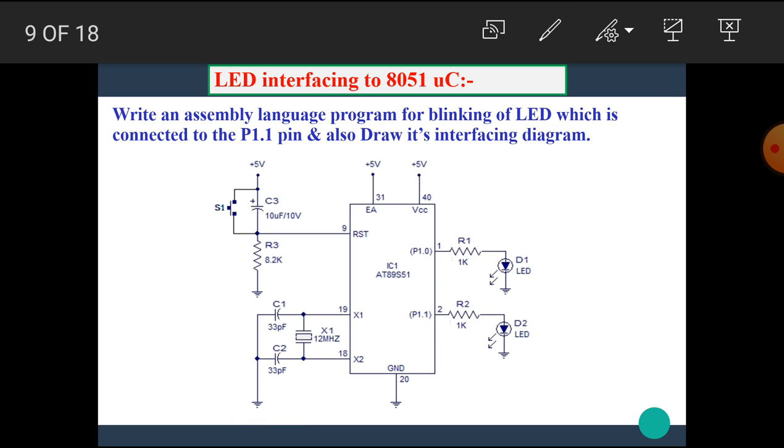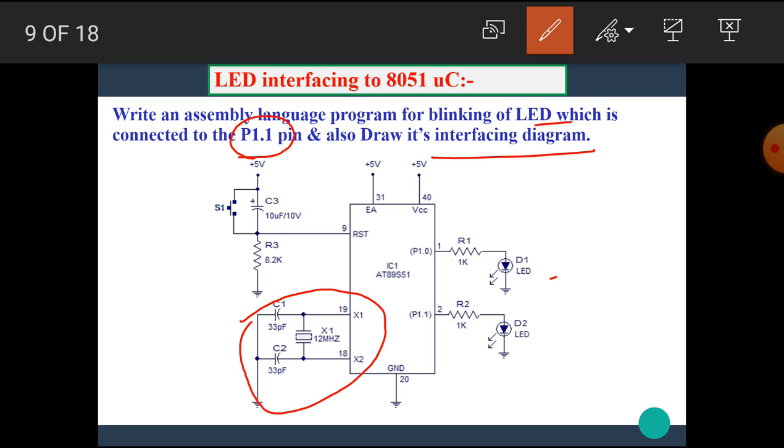Now let's see one example. Write an assembly language program for blinking of an LED which is connected to the port P1.1 pin, and also draw its interfacing diagram. Here is the interfacing diagram of the LED with the microcontroller. This is the clock circuitry, that means pins 18 and 19 are connected with the external crystal oscillator and grounded through the capacitors.